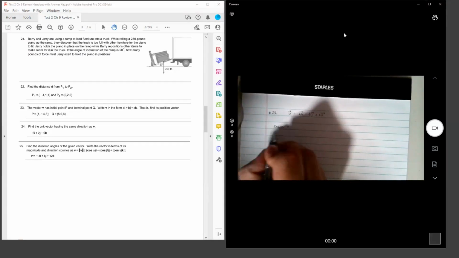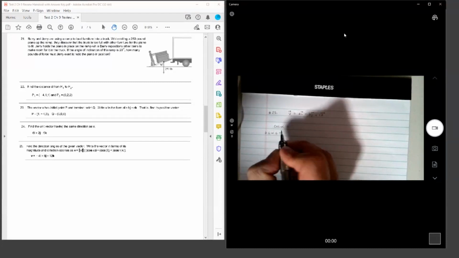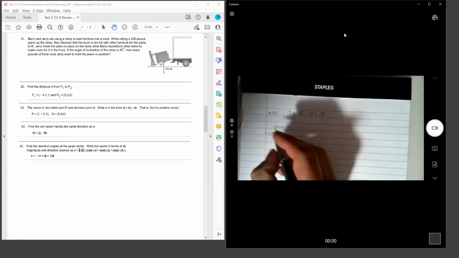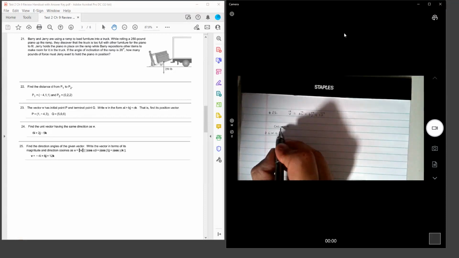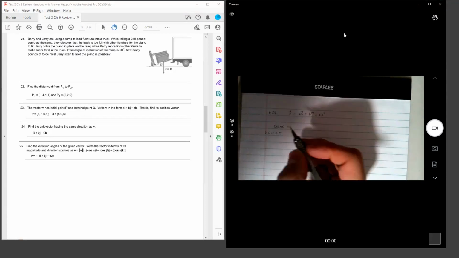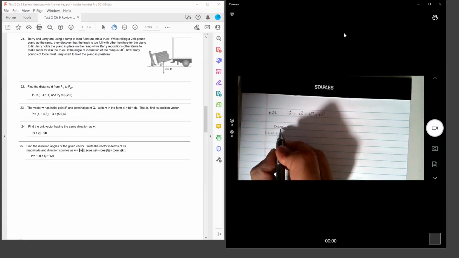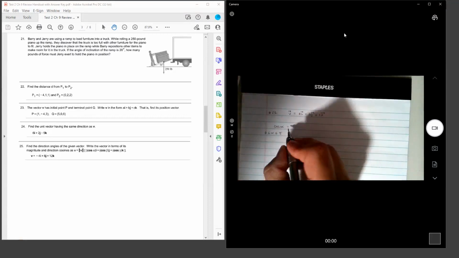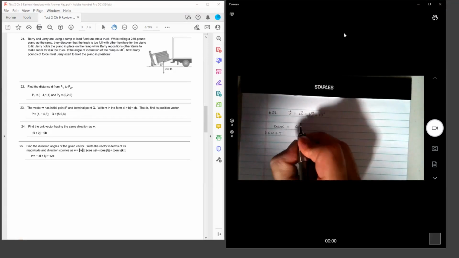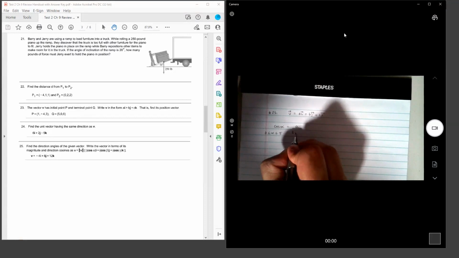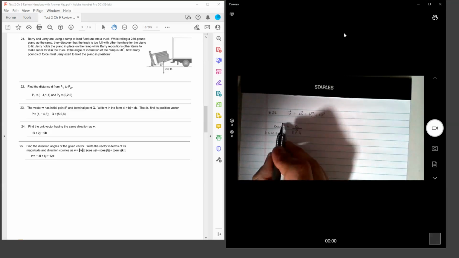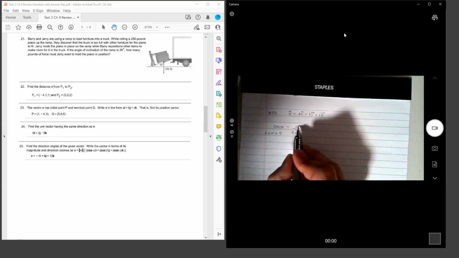All of these angles will be from 0 to pi or 0 to 180 degrees. But alpha is the angle between the vector and the x-axis, and that is given as the i component divided by the magnitude of the vector V. So the cosine of alpha is equal to the A component divided by its magnitude.